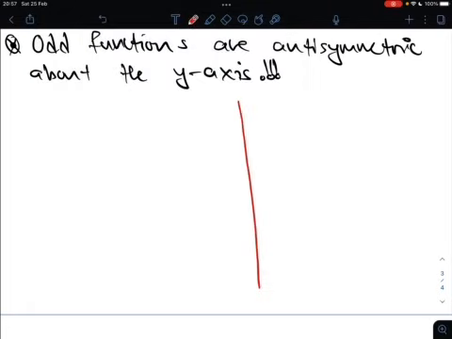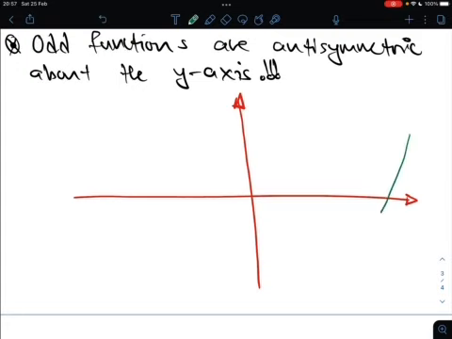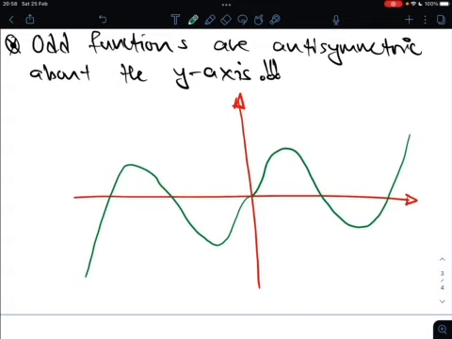We mean that these functions have this kind of pattern about the y-axis. Let's say if one part of the graph behaves like this, then the other part will not be a perfect reflection, but will behave in an opposite manner to what it is doing on the other side. That's what we mean by skew symmetry.